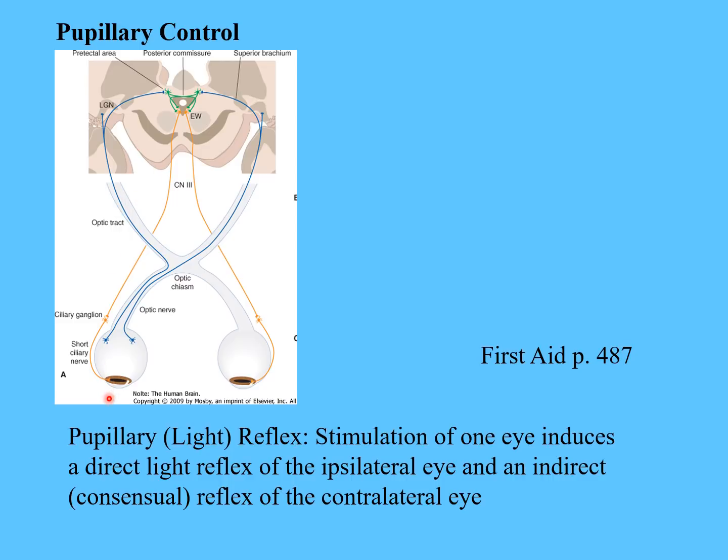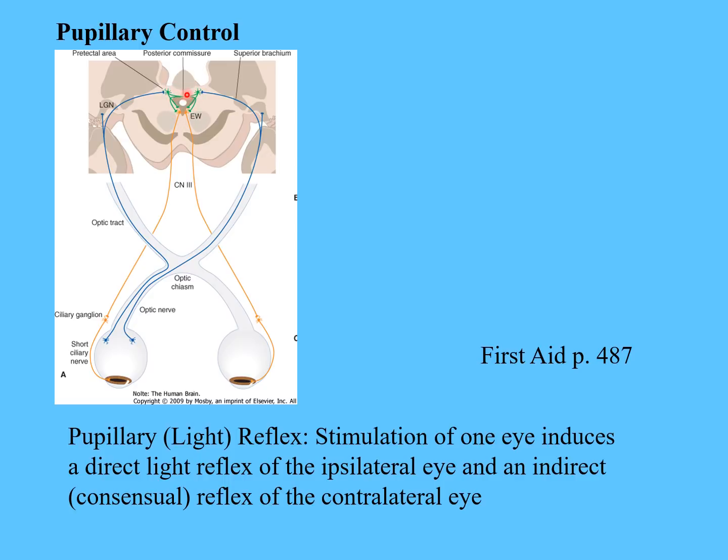Now, when you flash a light in one eye, it turns out that the pupil will close in both eyes. That occurs because the input that we've just described that controls this direct light reflex also sends information across the posterior commissure, just above the periaqueductal gray, where we see the cerebral aqueduct and the periaqueductal gray.